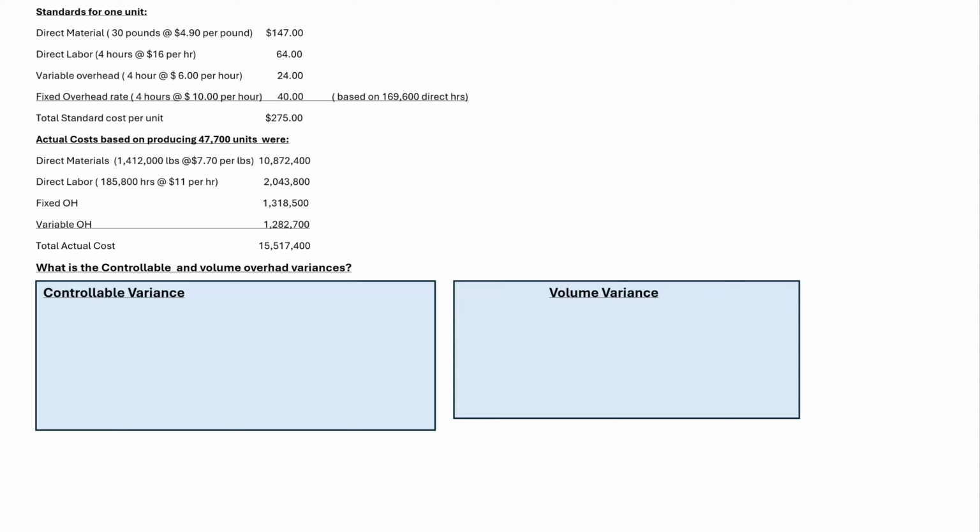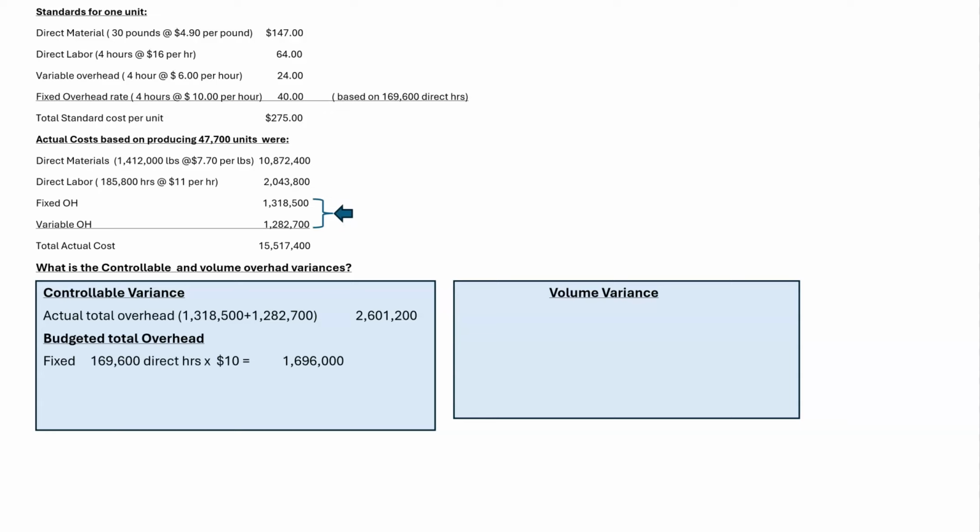Now, for the overhead variance, we have a controllable variance and a volume variance. So first, we take the actual total overhead, and we get that from over here. And then we take the budgeted total overhead. We first take the fixed part, and you always have to do that based on the hours it was estimated at $10 an hour. They gave you that, the 169,900.